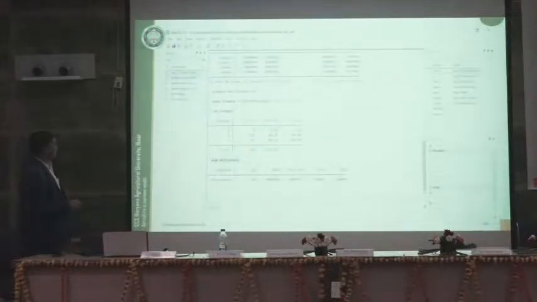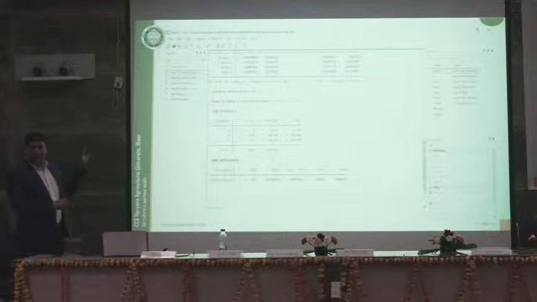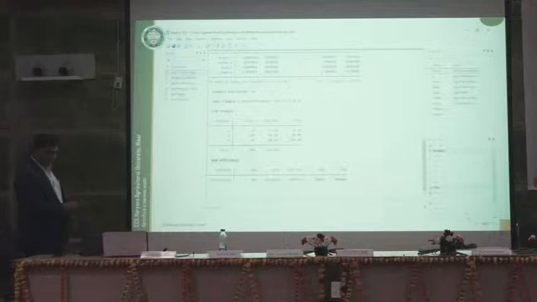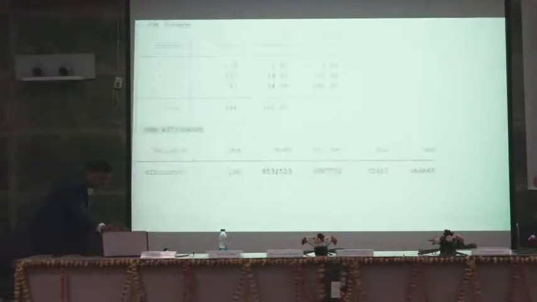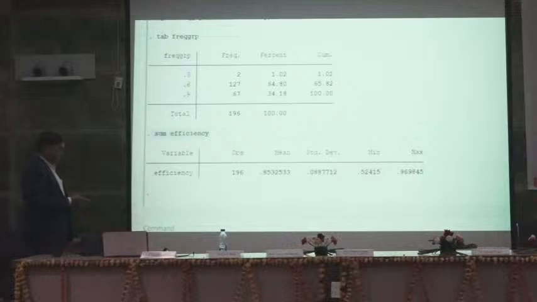And this is the summary statistics of the efficiency. You will get the sum command for the variable that you have already given, and this is the summary statistics of this efficiency term. It means on an average the mean of the efficiency is 0.85, meaning 80%.